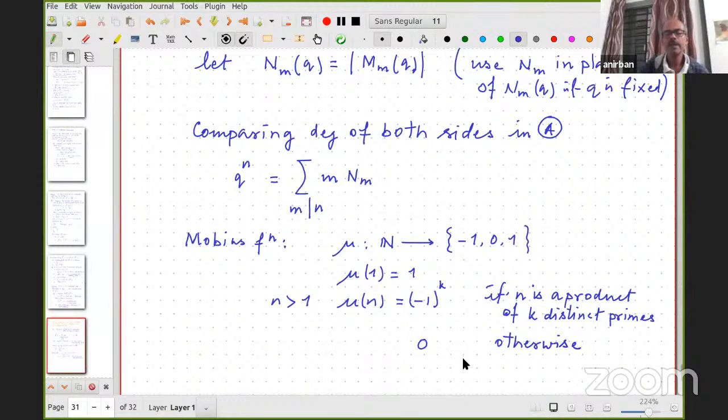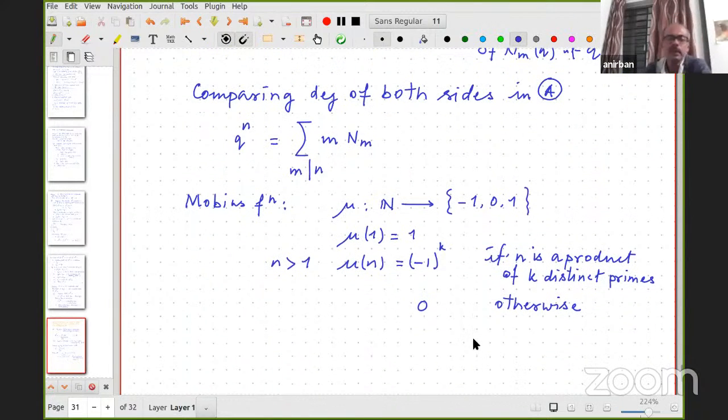Otherwise meaning if n is not square free, then it is 0.